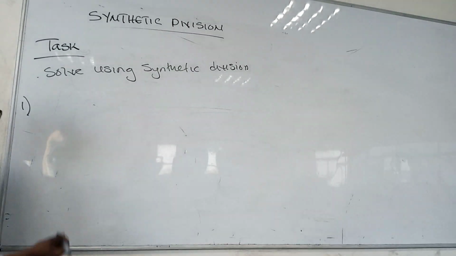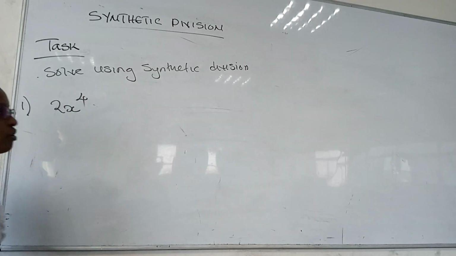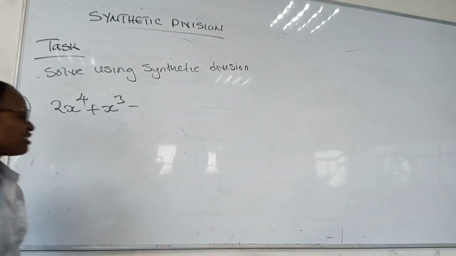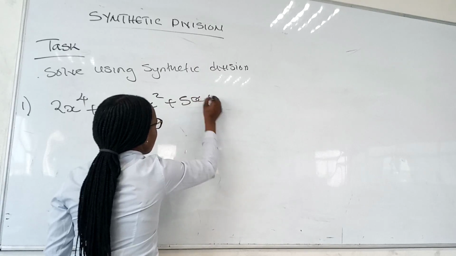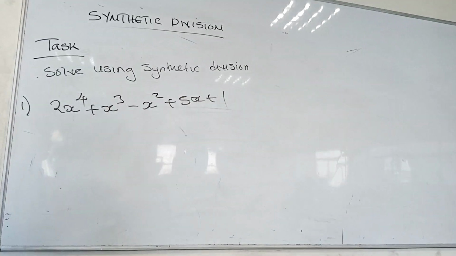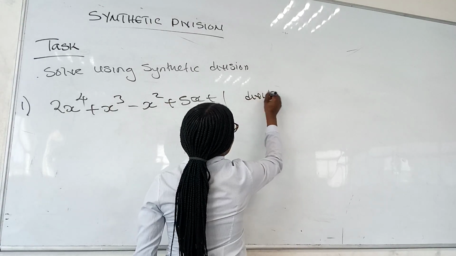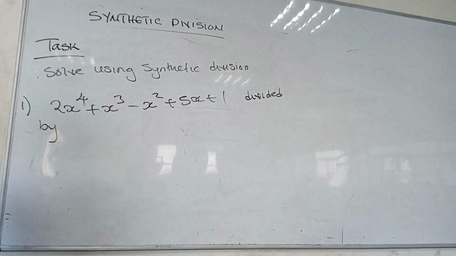The first one is 2x to the power 4 plus x to the power 3 minus x squared plus 5x plus 1, divided by x plus 3.